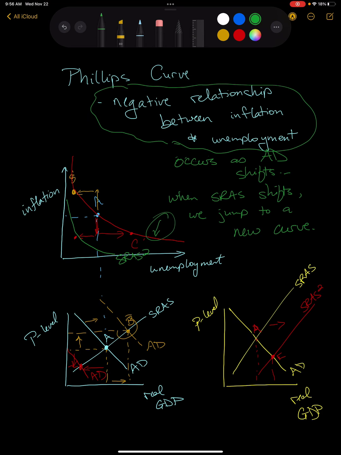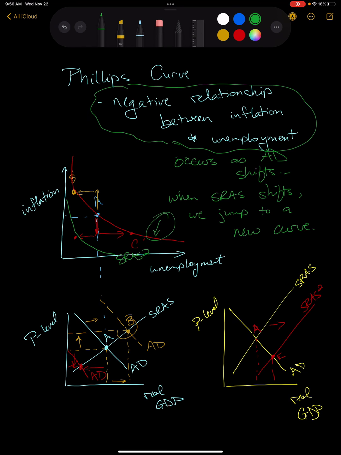So again, what do you need to know from all of this? Probably for the vast majority of you watching, what you really just need to know is that the Phillips curve says that there's a negative relationship between inflation and unemployment. So as you pursue policies to change one of those, the other is going to change in the opposite direction.